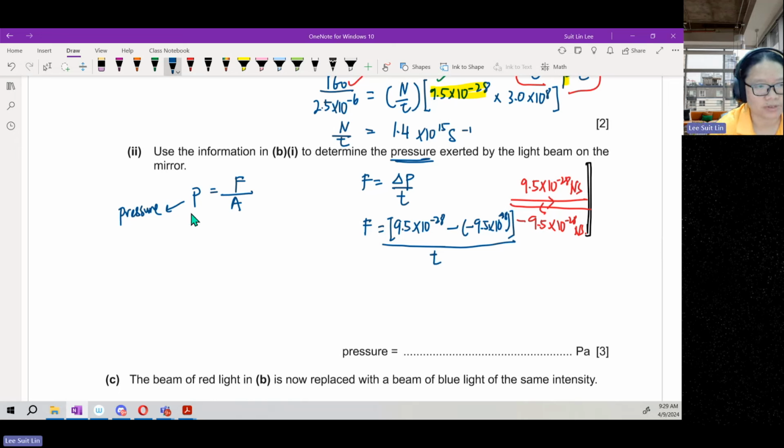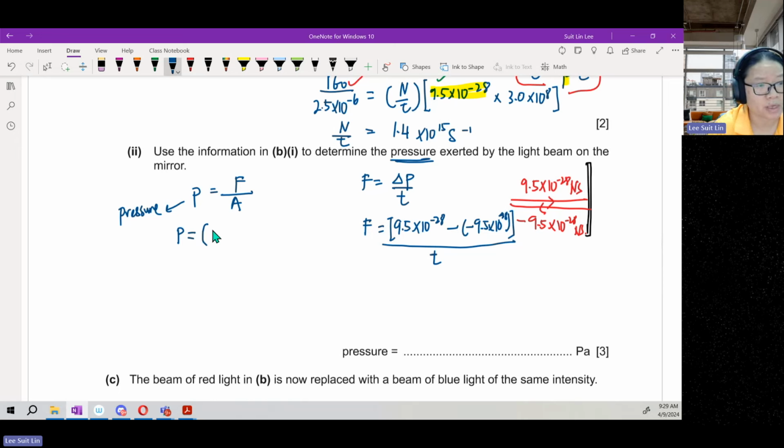So I'm going to put this one inside here. Pressure is, but this is the force in one particle, one photon. So we will need to multiply by the number of photons.